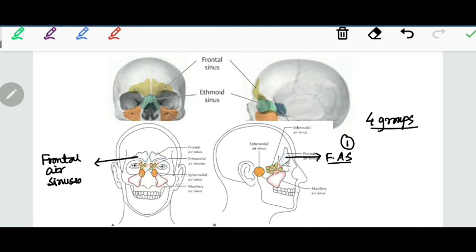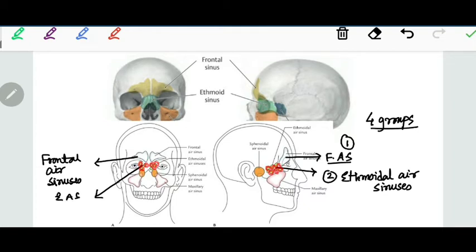Next, number two, the ethmoidal air sinuses. Ethmoidal air sinuses are present in the ethmoid bone.